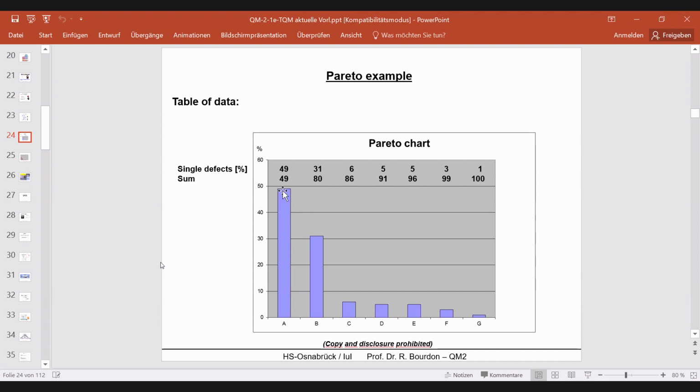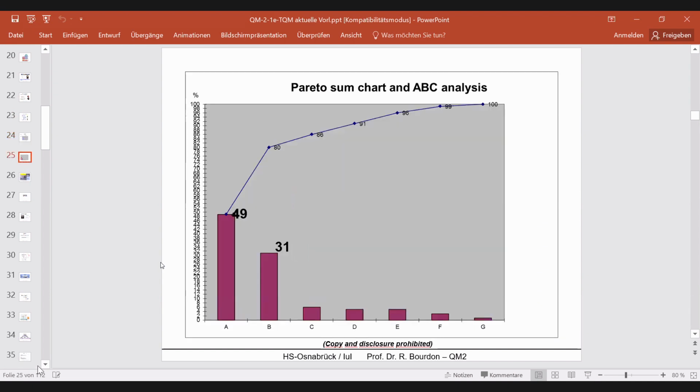And here this visualization shows very well, on one view, that we have these 2 defects, which are the most important ones, and these are the not important defects. This is the sum curve. It's the same thing. If you add the frequency of these different defects, after you have summarized all the defects, you have 100%, of course.